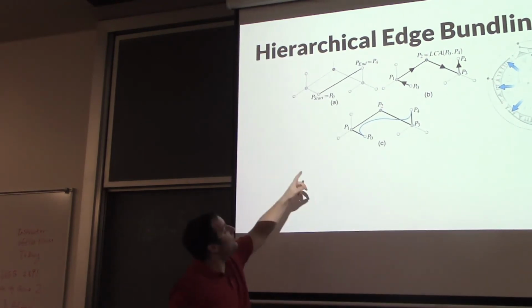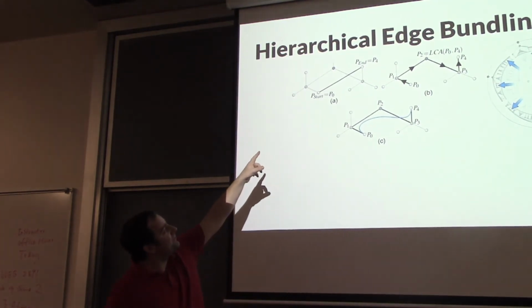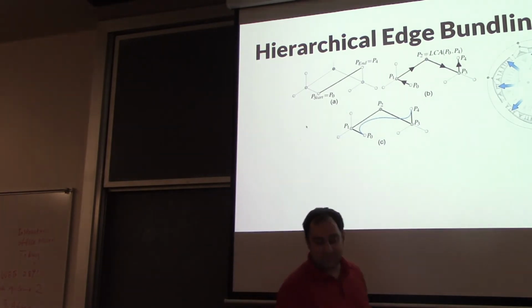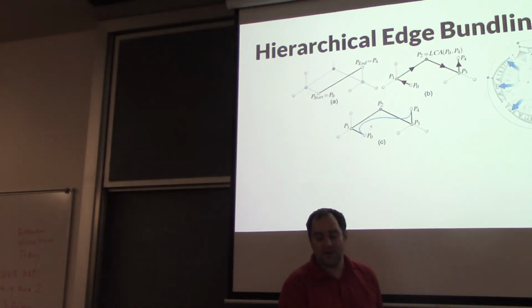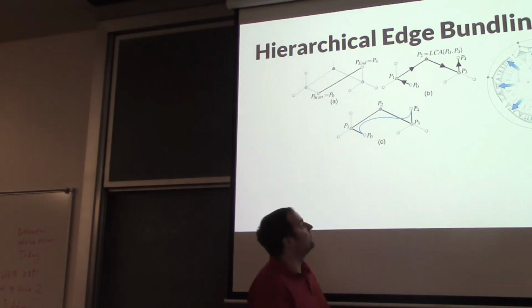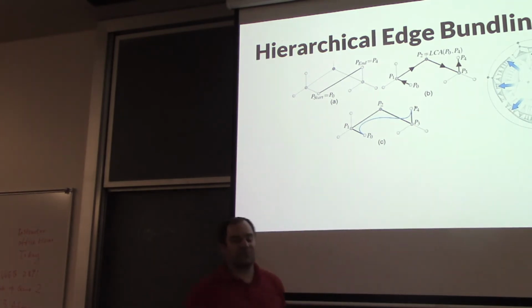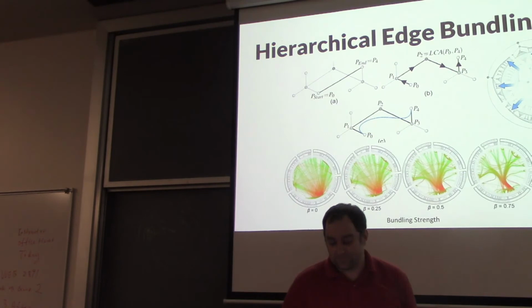So here's this example. Instead of having the straight connection from P start to P end, I walk along this backbone of the tree, and then I route a spline through that backbone. And that is what creates those nice edge bundles.